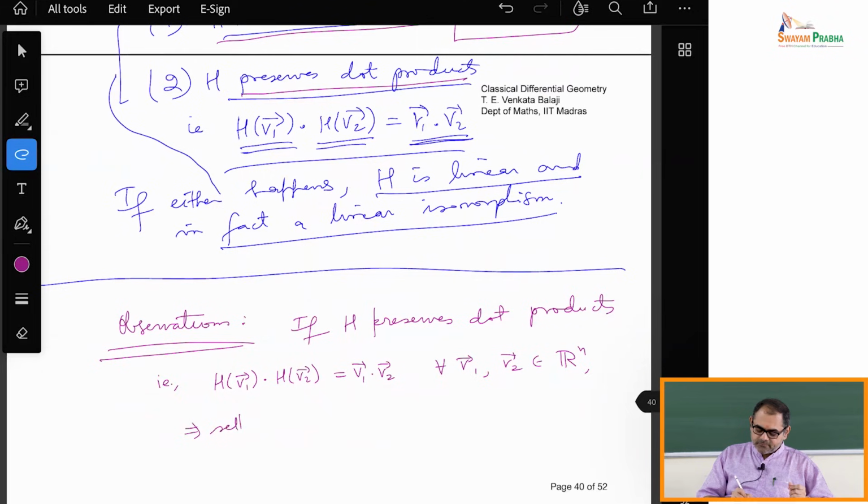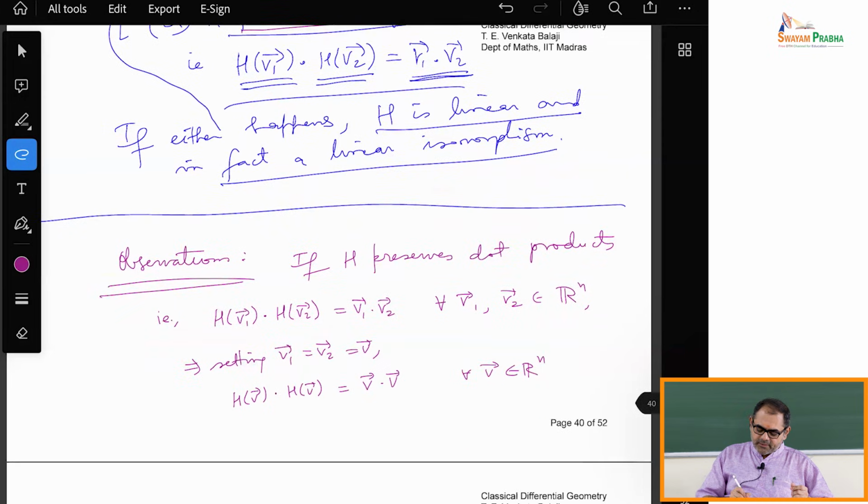So what happens is that setting V1 equal to V2 equal to V, HV dot HV is going to be V dot V for all V in Rn, and you get norm HV squared is norm V squared.